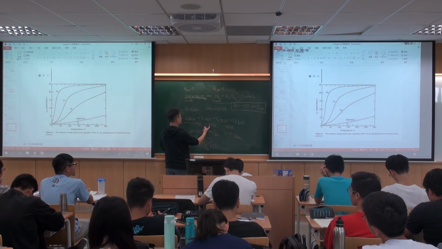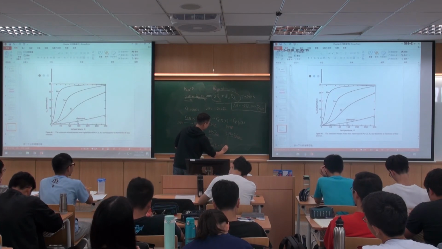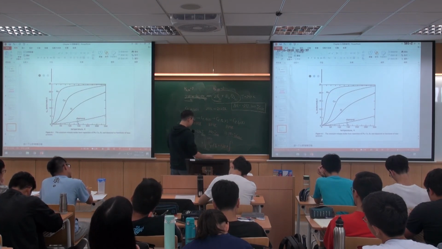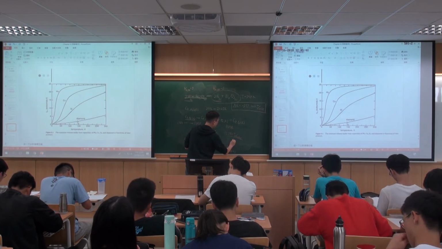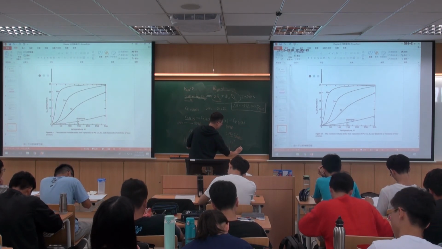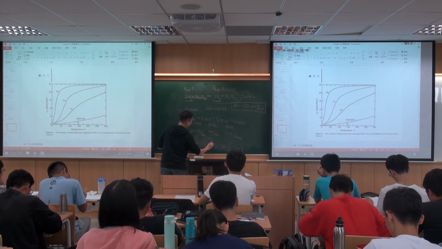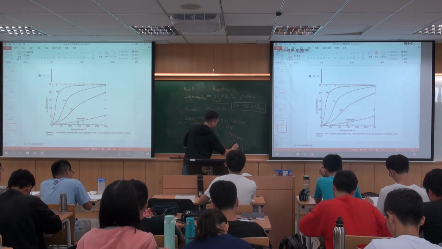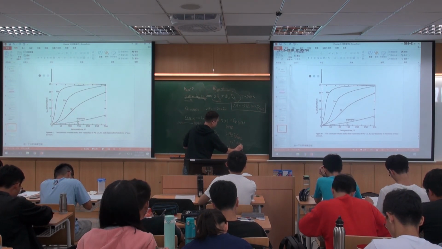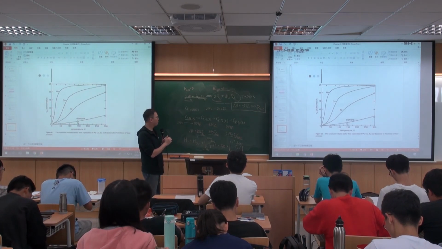You have to add this 670. And we know that this is for iron in the alpha phase, and this is iron in the gamma phase. Okay.